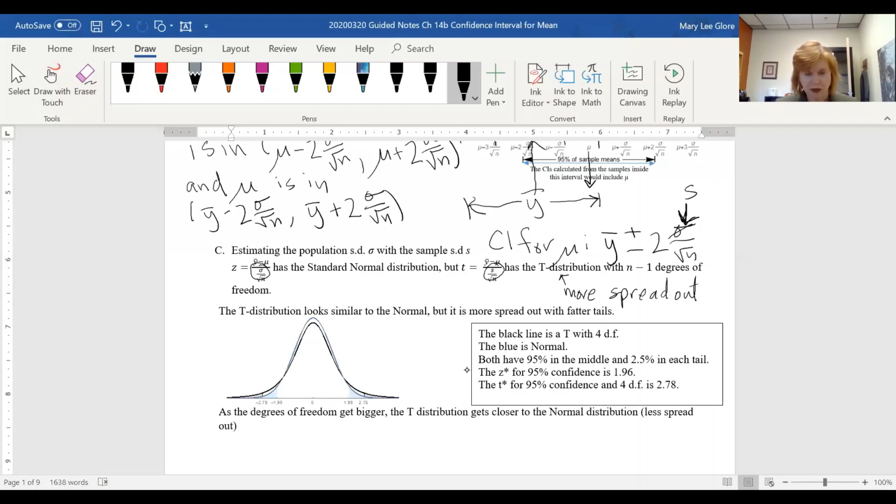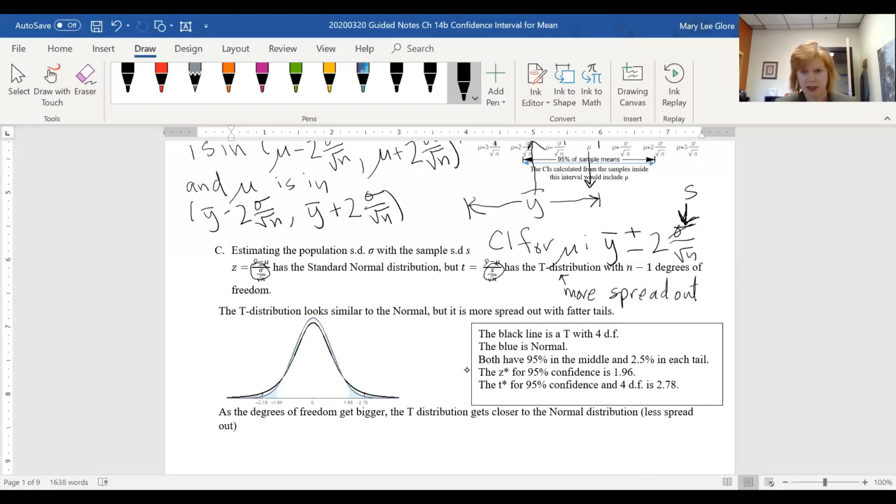But for the T, we have to go farther out. In order to have 95% in here, it's got fatter tails. I have to go farther out to be within 95% of the mean.